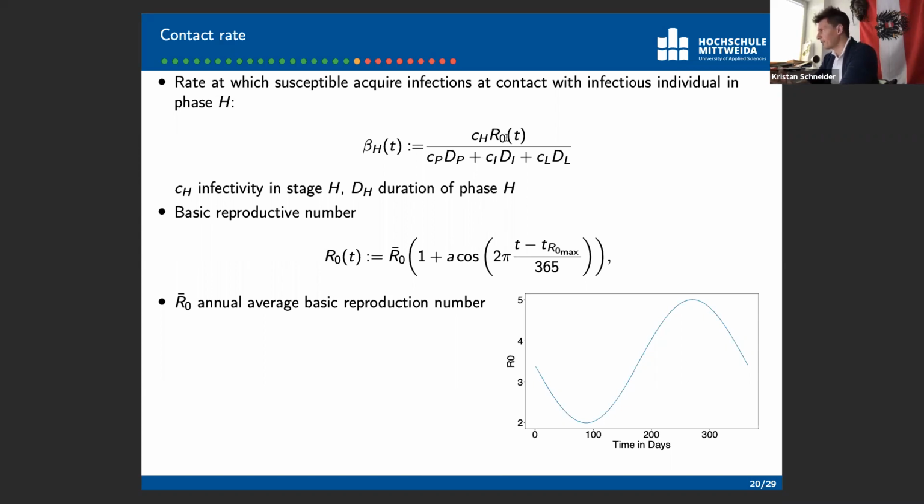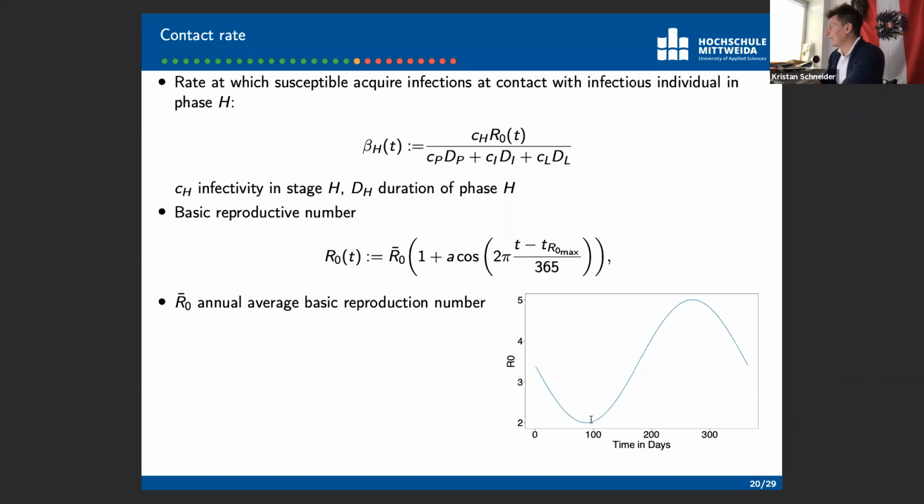And that typically has seasonal fluctuations. So you model that with some kind of cosine function. Well, if you forgot from high school what that is, it's essentially such a curve. So R0 depends seasonally, and that would pretty much be Germany. Day 0 would be when the epidemic started in Germany in early March.